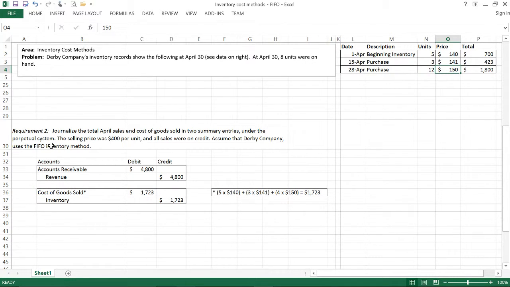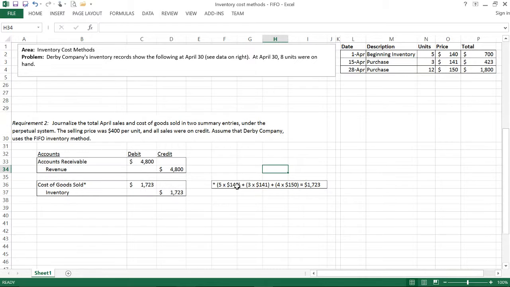And that's how we get to the $1,723. If we were using the last in, first out method, it would mean the last ones in are the first ones to leave. So if we sold 12, it would simply be 12 times 150. That would be the cost of those units that are sold. But in this case, we're using the FIFO, or the first in, first out method. So that's how we get to that calculation. So that's a key part there.